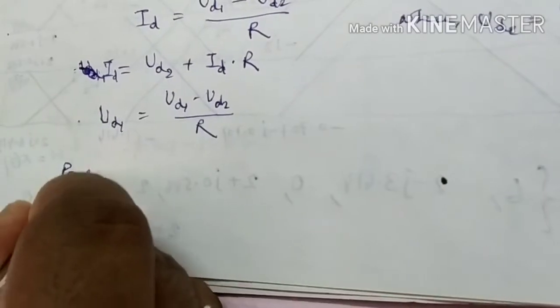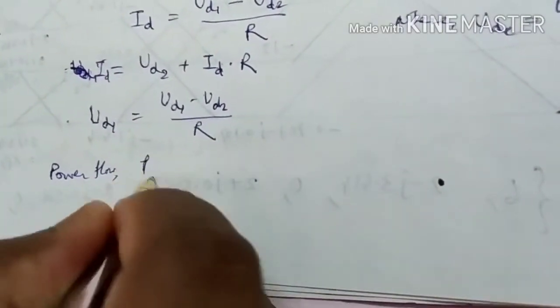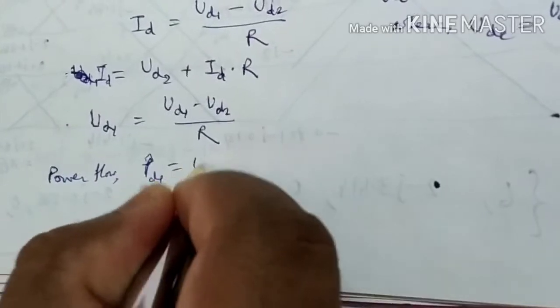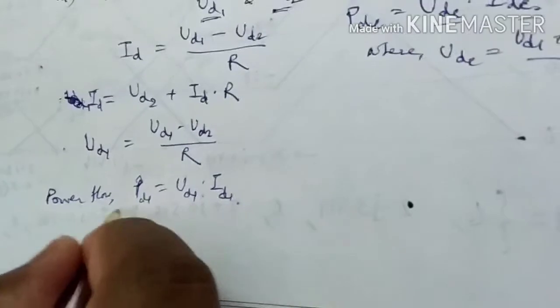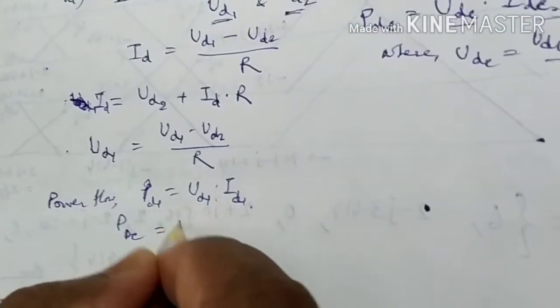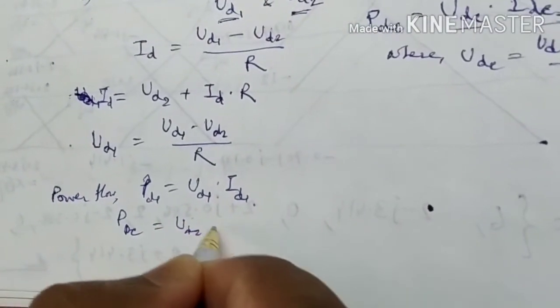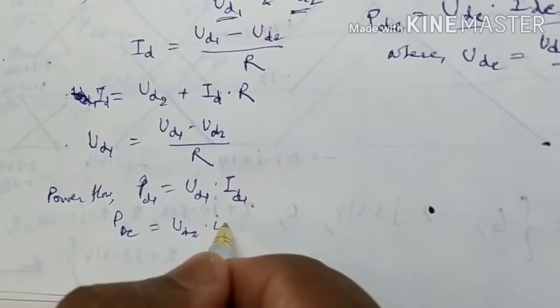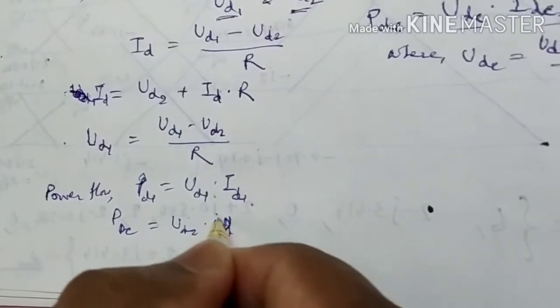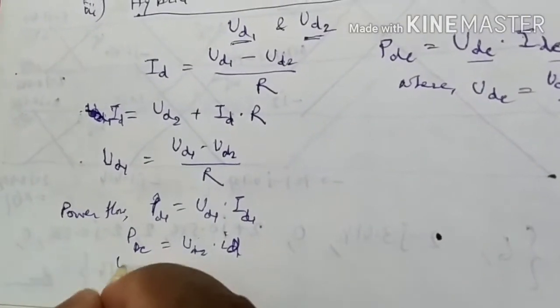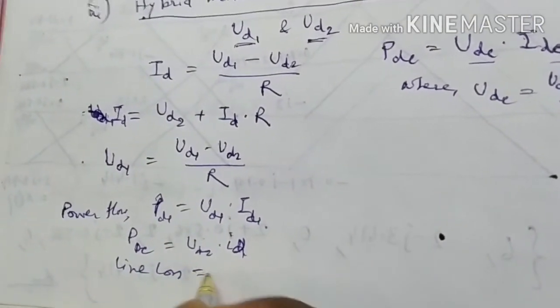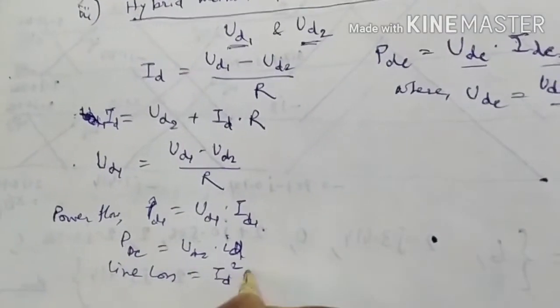So the power flow, that is PD1, will be UD1 into ID, and PD2 will be UD2 into ID. So the difference is the line loss. So the line loss will be ID square into R.